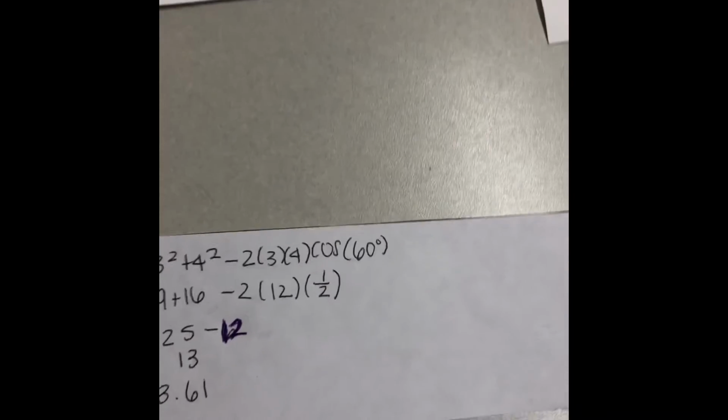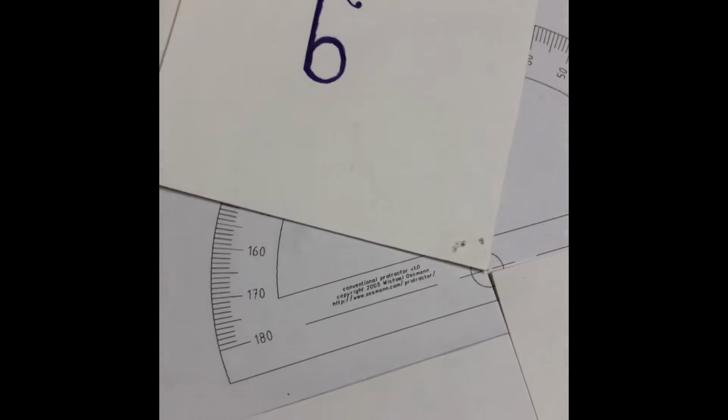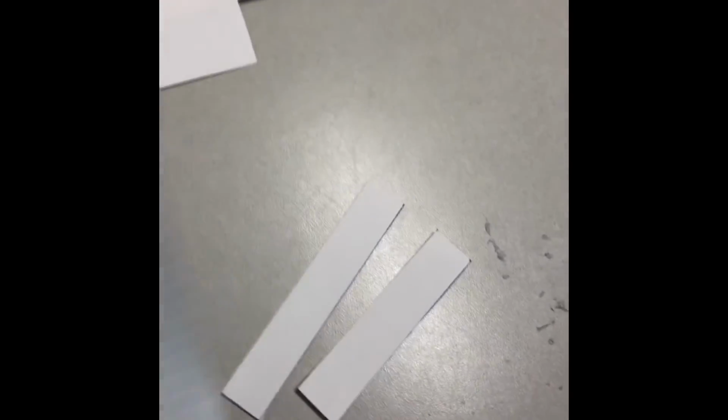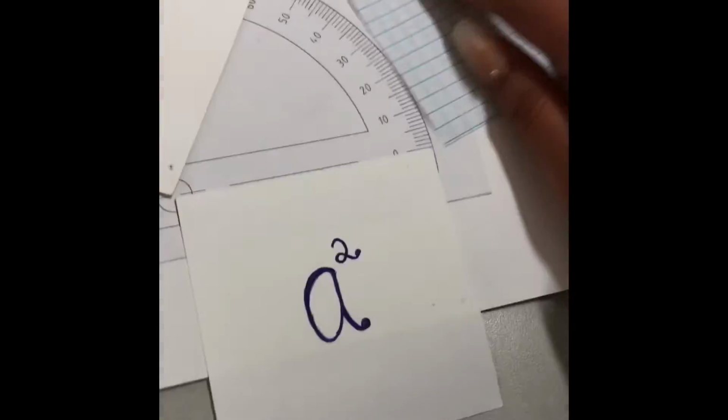So when we subtract 13 from b, like the area 13 from b, we get these two pieces. We're going to be showing that a squared plus this equals the 3.61, which fits perfectly right here.